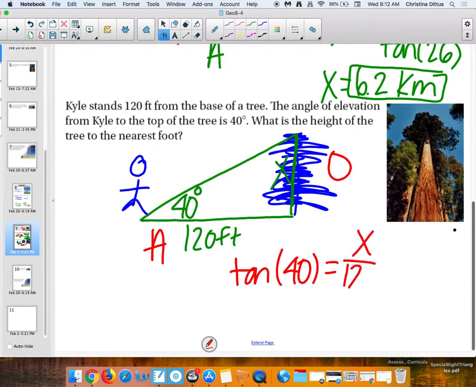We like X's on top, because I can just multiply by 120. Take tan of 40 times 120, give me the nearest foot. 100.7, so 101, rounding. Nearest foot. There we go.